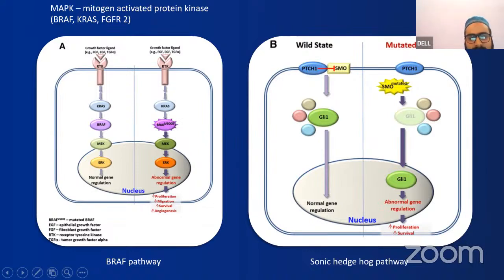This results in abnormal proliferation of the cells leading to ameloblastoma. The other is the sonic hedgehog pathway, which is mostly seen in the maxillary tumors, where there is a mutation of the smoothened protein, the SMO mutation.